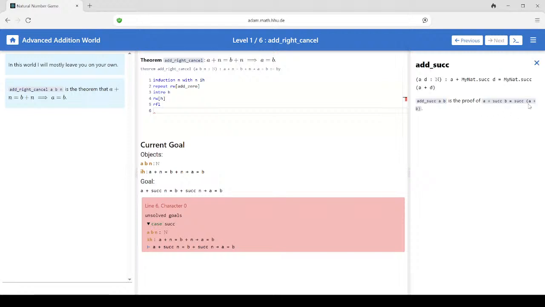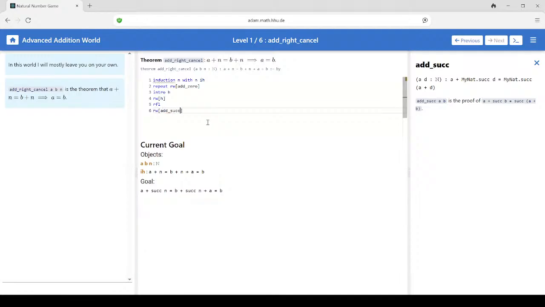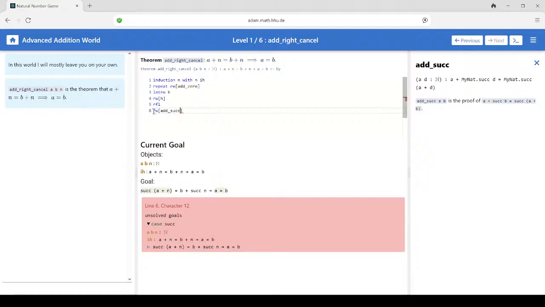Successor B is the successor of A plus B. There we go.